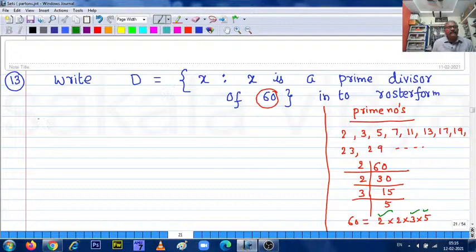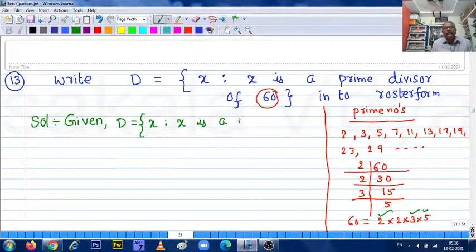So first let us write the solution. Here given, D equals to x such that x is a prime divisor of 60.